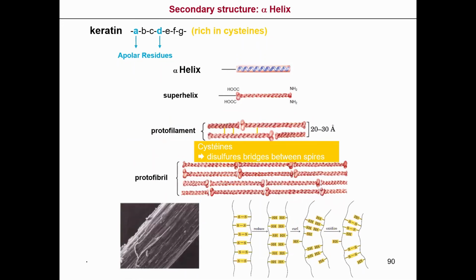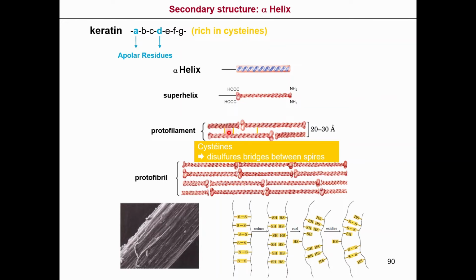If you have questions, tell me, because I cannot see your face and I cannot see if you understand. Okay, so this is the resume, the sum up of what I told you. So you have the keratin with two apolar residues, which is rich in cysteine. First you have the secondary structure of keratin, which is the helix. You will have hydrophobic interaction and have a superhelix. So you have a core between the alpha helices.